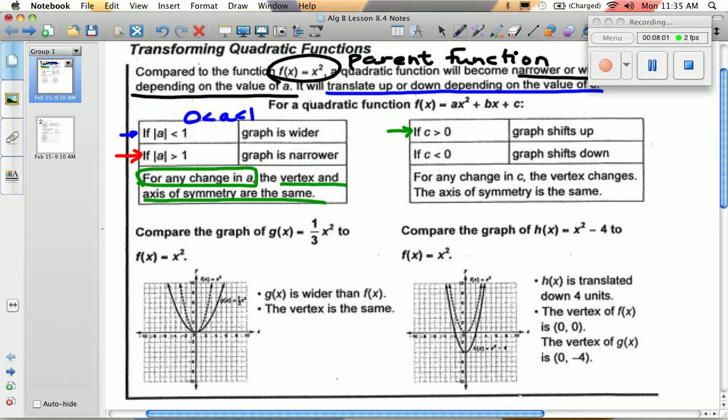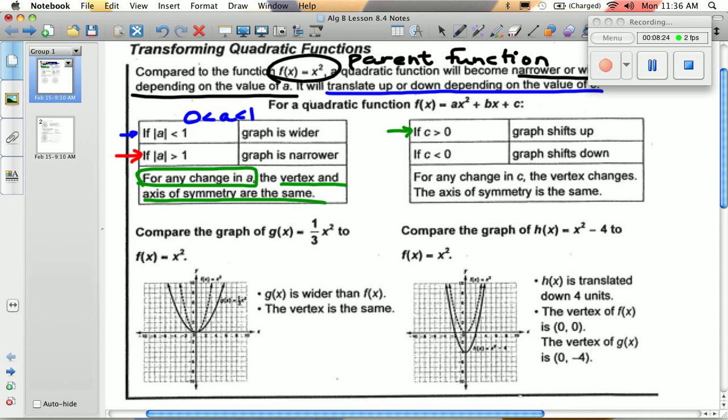In fact, where's the vertex for the parent function? At 0, 0. So the parent function is always in the middle of the graph. Its vertex is at the origin, and it's opening up.